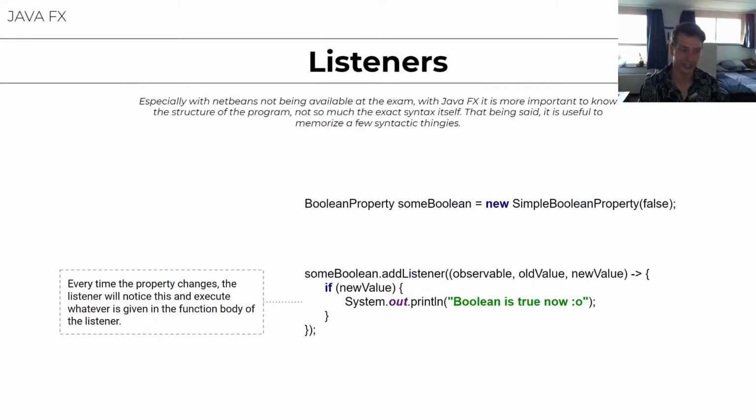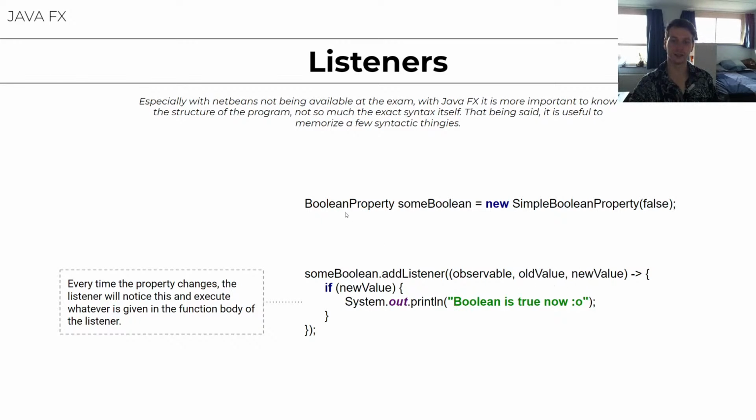Whenever you have a property, and it can be an integer property, a double property, a Boolean property, with any kind of property, you can add a listener to it, and that listener is triggered every time that the property changes its value. Every time the property changes its value, this method is called, and then you have the observable, which is unimportant, you don't have to know what this is. You have the old value and the new value.